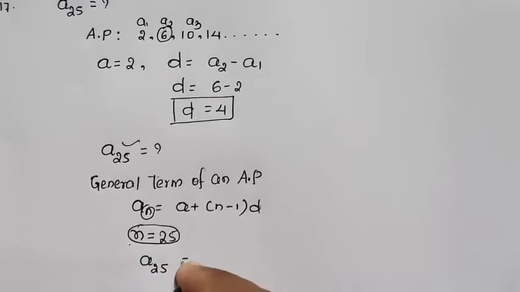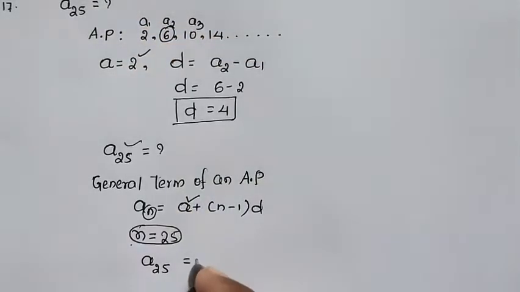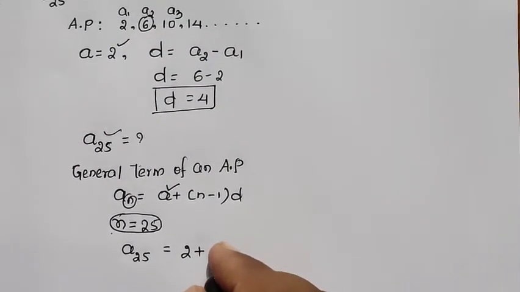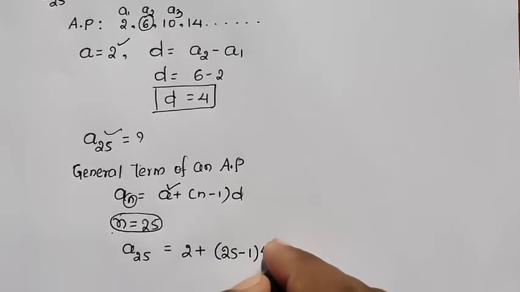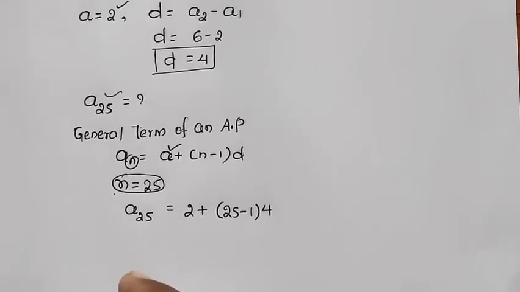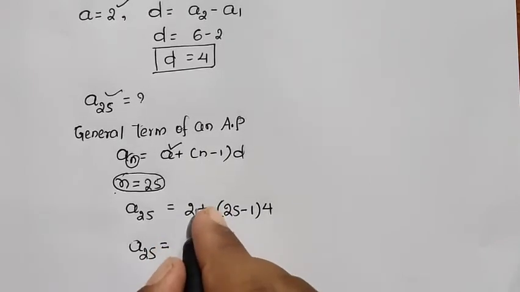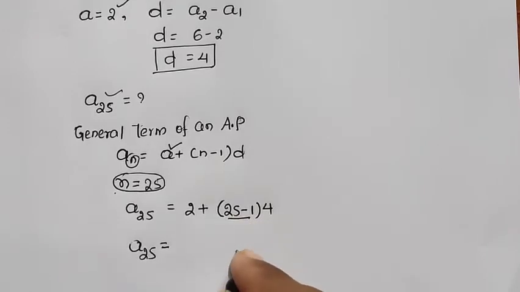A25 is equal to A, which we calculated as 2, plus N minus 1, that means 25 minus 1, into D, and D is 4. The value of 25 minus 1 is 24.